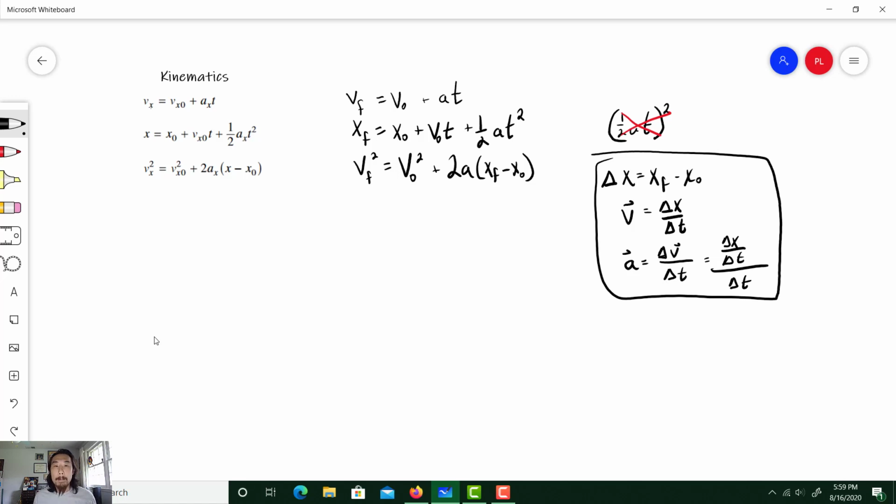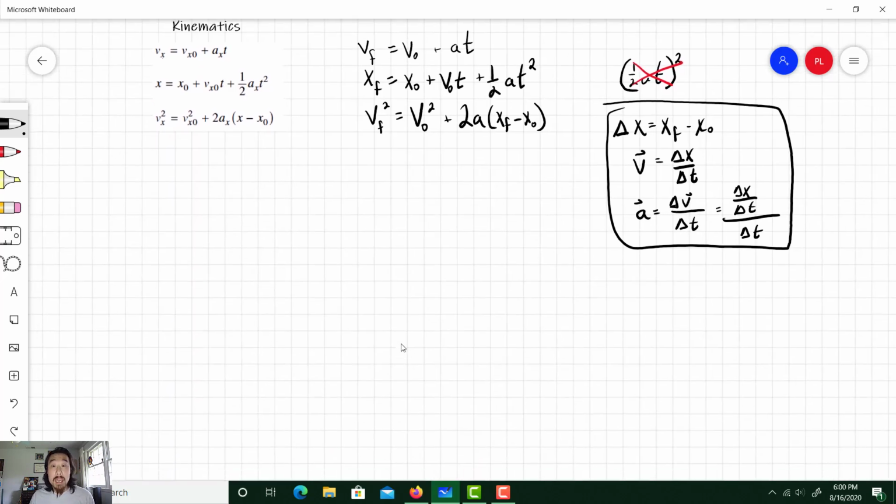Now, the next thing I'm going to go into is when you're given a kinematics problem to solve. Okay, when you're given a kinematics problem to solve, there is a certain strategy that I like to use in order to help solve it. And this is what we call the kinematics table.